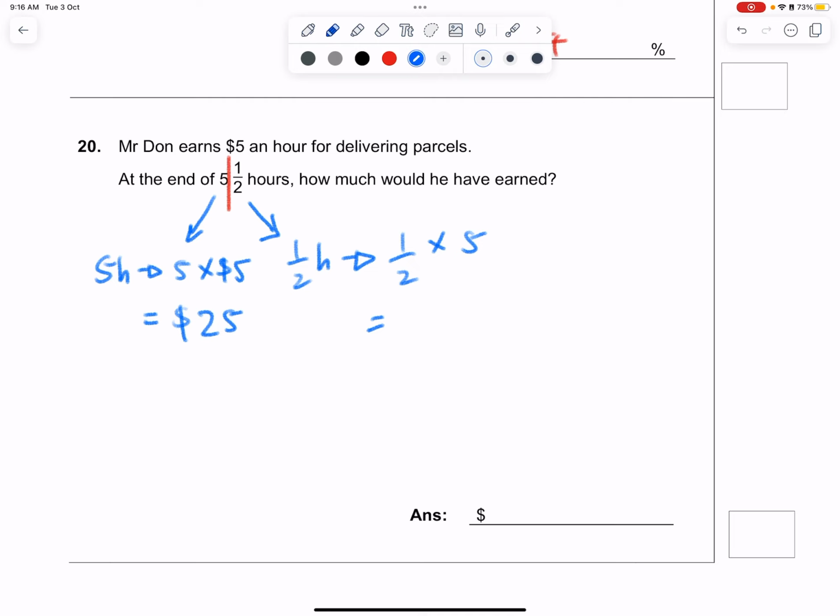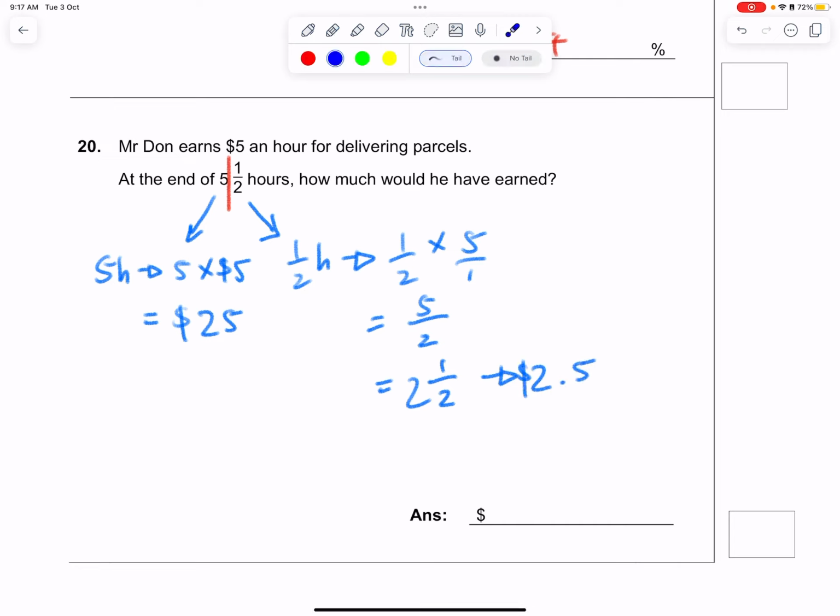So if you take half times 5, your answer is actually 5 over 2. And then when you change it into a mixed number, you will realize that it is actually 2 1/2, 2.5. So when you convert this into dollars, it's actually $2.50.